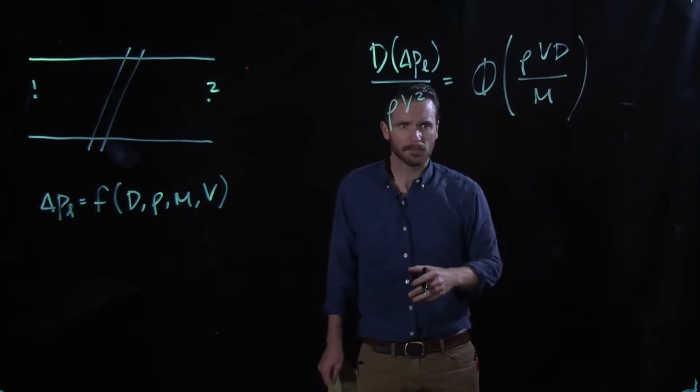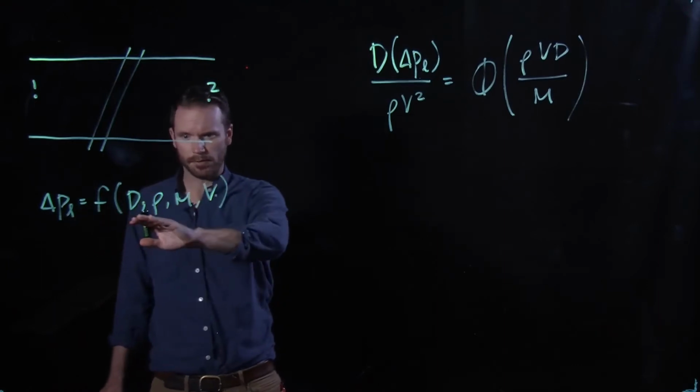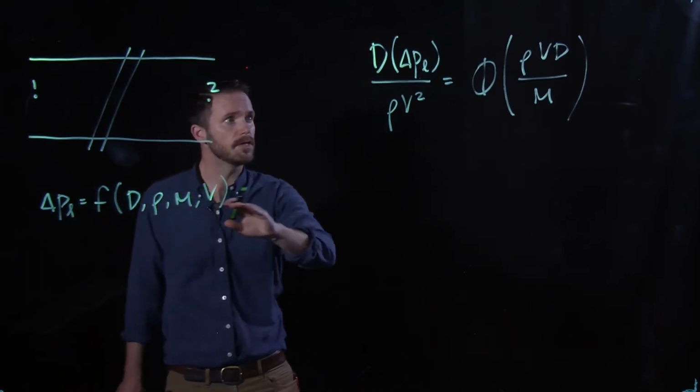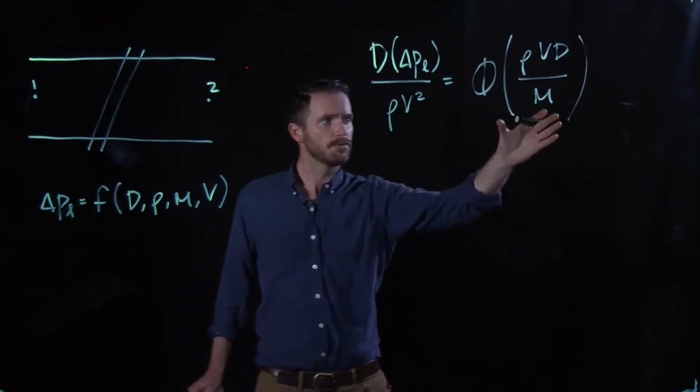Okay, so instead of a complicated function where pressure drop is a function of D, rho, mu, and V, we have this variable as a function of this variable.